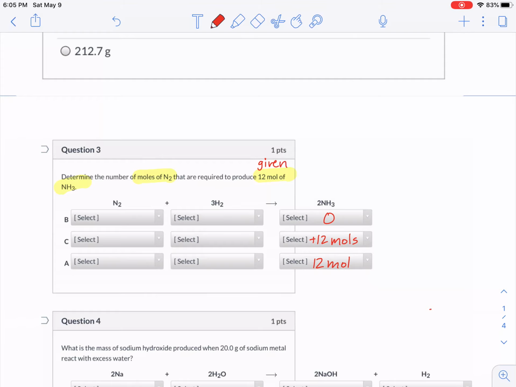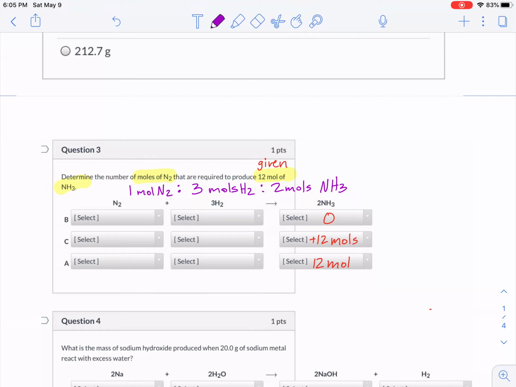Okay, so let's break this down. Again, we have a balanced chemical reaction. For every 1 mole of N2, we need 3 moles of H2, or hydrogen gas, and nitrogen gas, we will produce 2 moles of nitrogen trihydride, and that's ammonia.